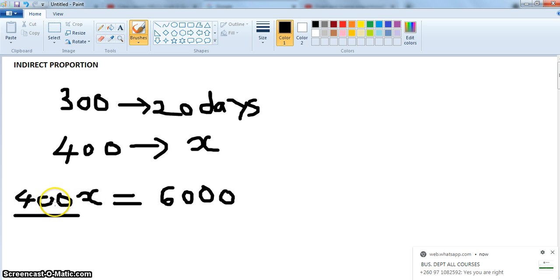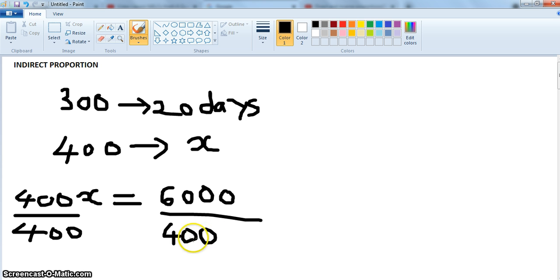So this side I'm going to divide it by 400 so that we will be able to cancel it out. This other side as well, we're going to draw a line and write 400. So why are we using 400? We want to get rid of this 400. Okay, so 400 into 400 is 1, so we are remaining with only x here.